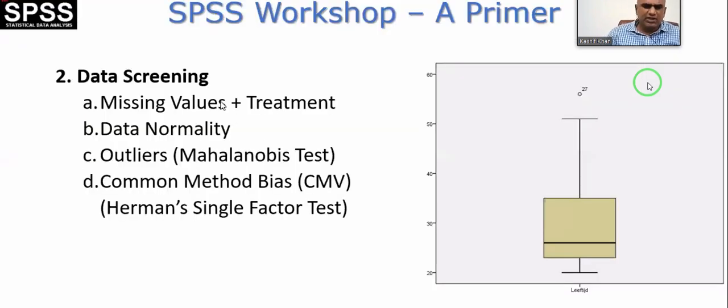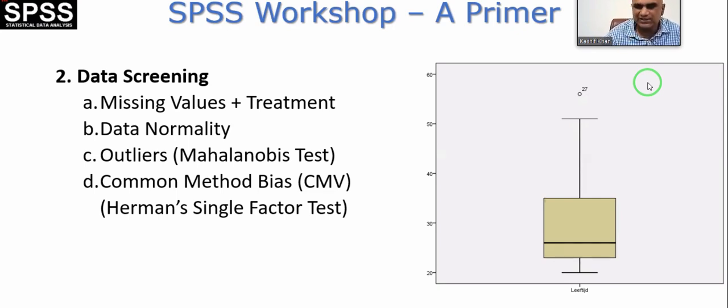So what we have done in data screening: the first thing, missing value. We figured out how to identify missing values, and then how to do treatment of our missing values, and then how to check the normality, and now we just ran the outliers test called Mahalanobis.